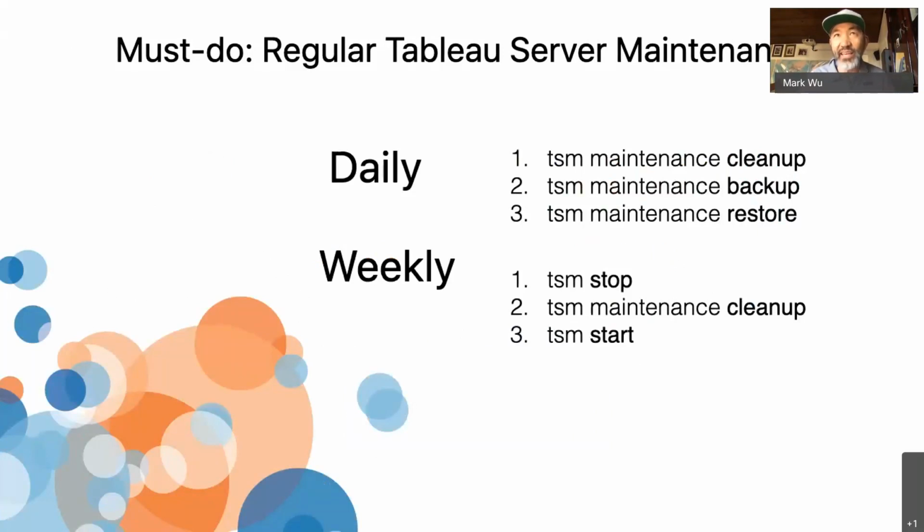More specifically, every day you run 3 things. TSM maintenance cleanup deletes the temp files, even temp data in your Postgres, daily. Then daily you do the backup, TSM maintenance backup. And you do want to try to restore it. If you are able to do a daily restore, that's awesome.